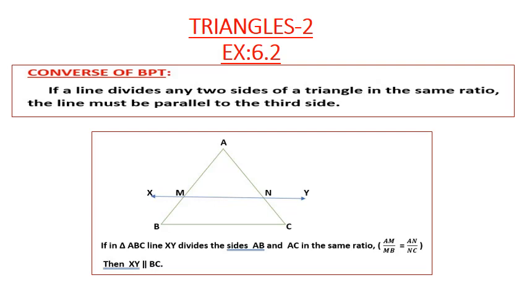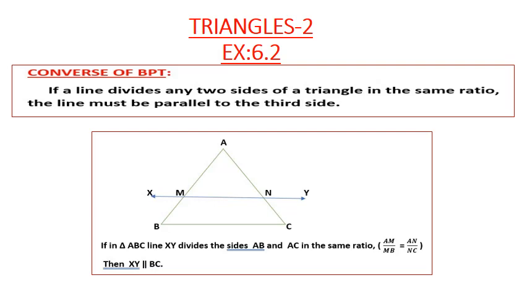For example, in the given figure, in triangle ABC, the line XY divides the sides AB and AC of triangle ABC in the same ratio. That means AM by MB is equal to AN by NC.